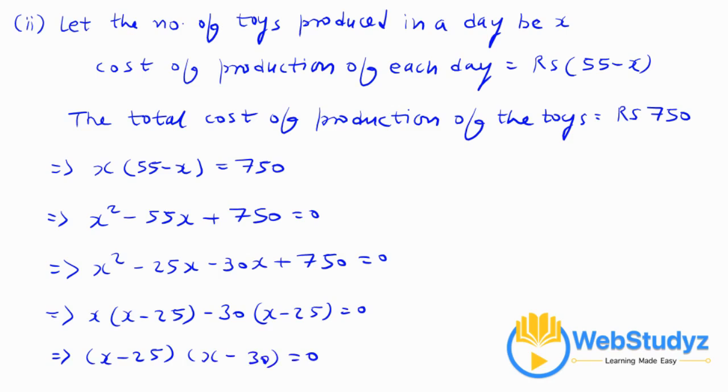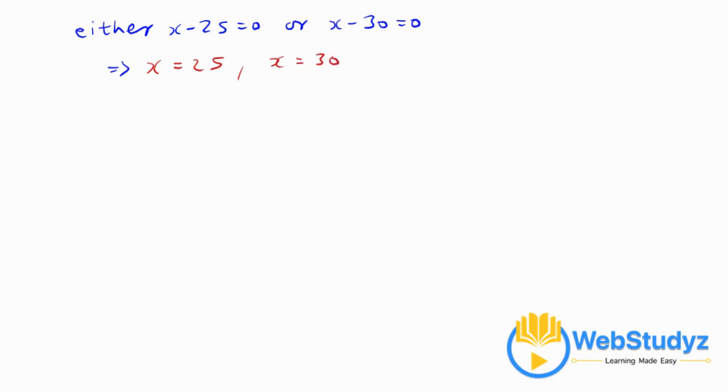Now from here, either x minus 25 equals 0 or x minus 30 equals 0. So if x minus 25 equals 0, then x will be 25, and if x minus 30 equals 0, then the value of x will be 30.